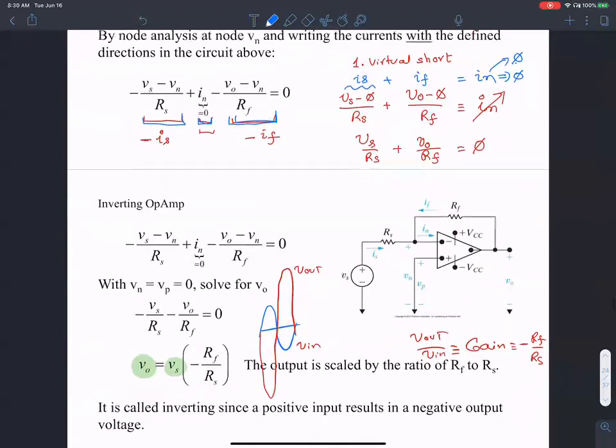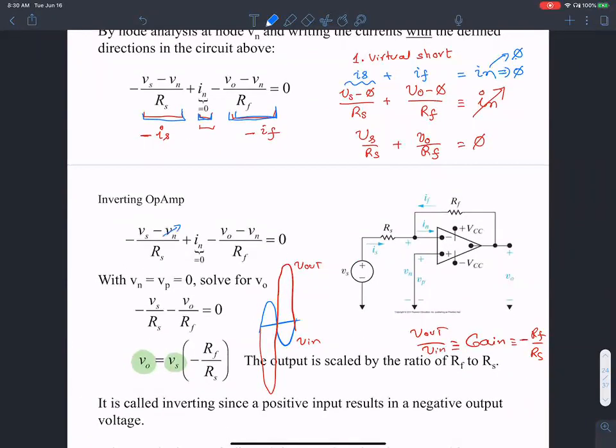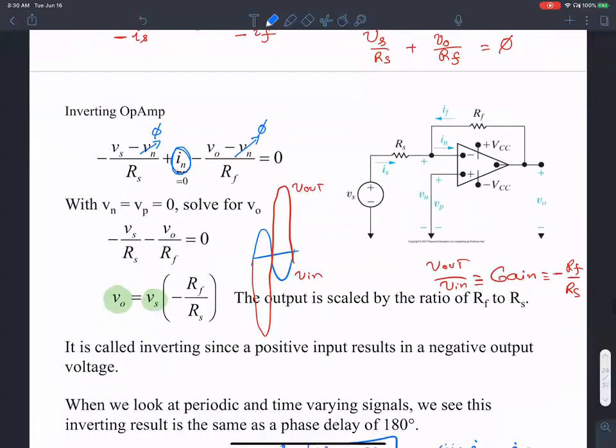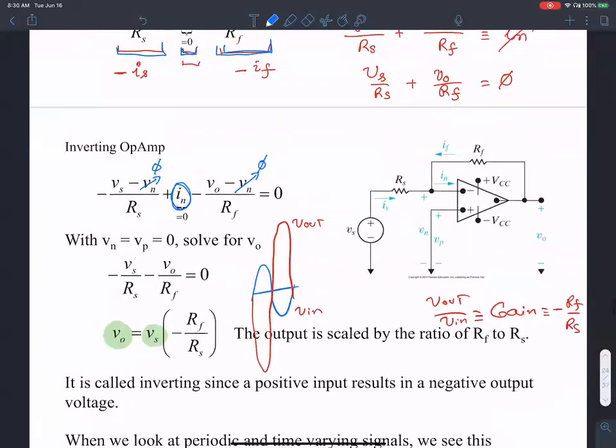Okay, so now it comes down to, this guy goes to 0 because of virtual short. This guy goes to 0 because of virtual short. This guy is 0 because of the second assumption, input current is 0. Now, like I mentioned, Vs over Rs plus V naught over Rs is 0.